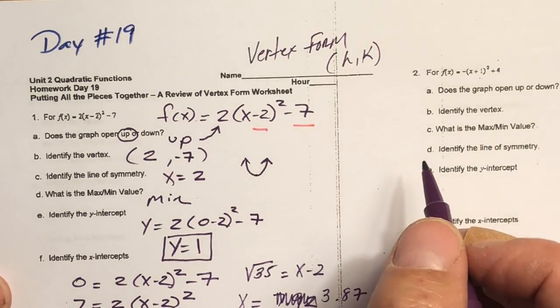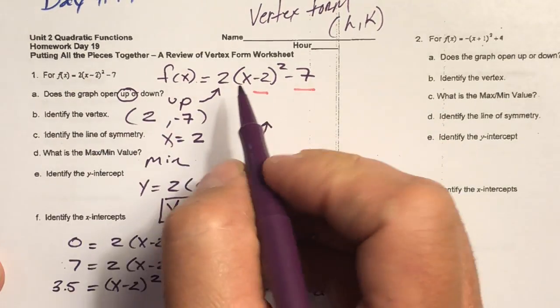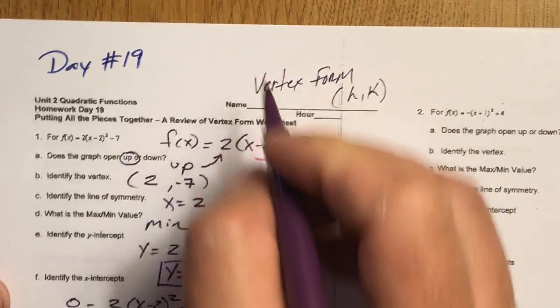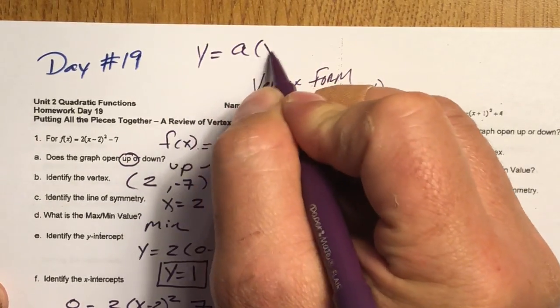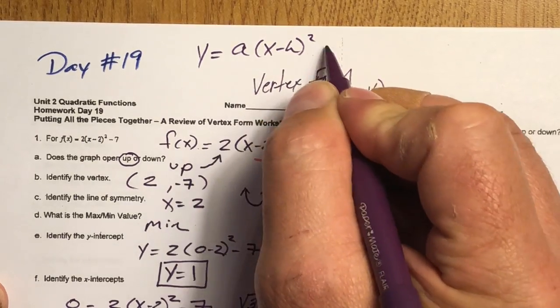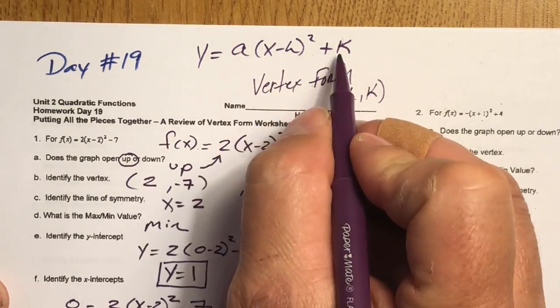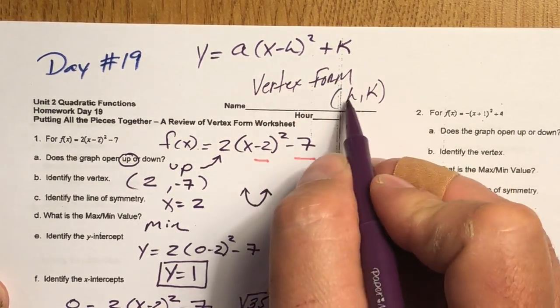All right. For this review of quadratics, we start off with vertex form. If you remember, vertex form is y equals a(x minus h) squared plus k. We call this vertex form because (h, k) is our vertex.